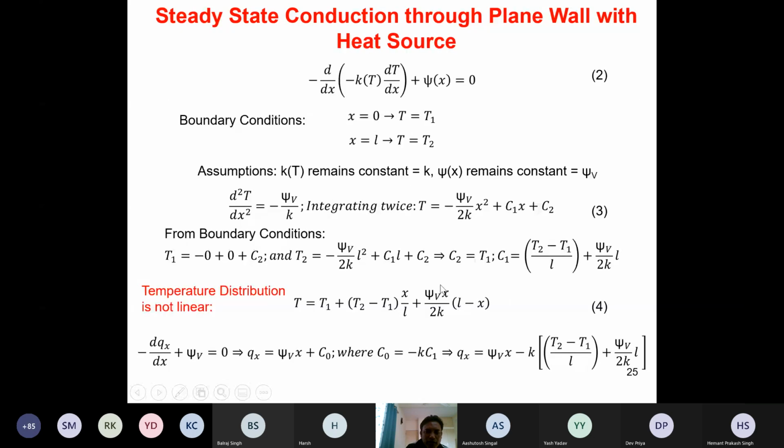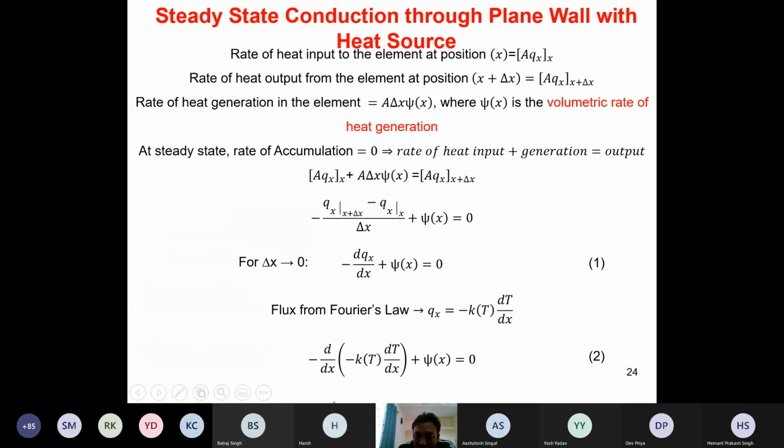So that psi x will become psi v. So minus dqx by dx plus psi v equals 0. That is equation number 1, isn't it? From this equation, if we integrate, we get qx equals minus psi v x plus C naught. This C naught is a different constant.